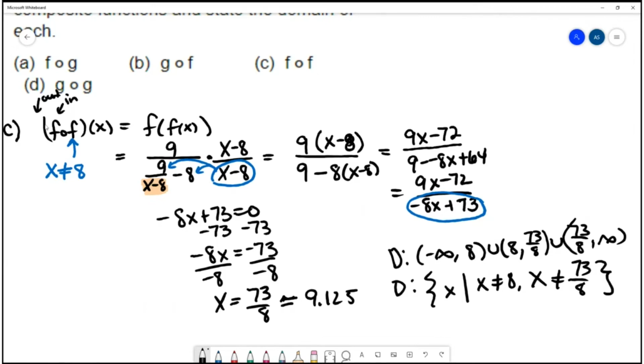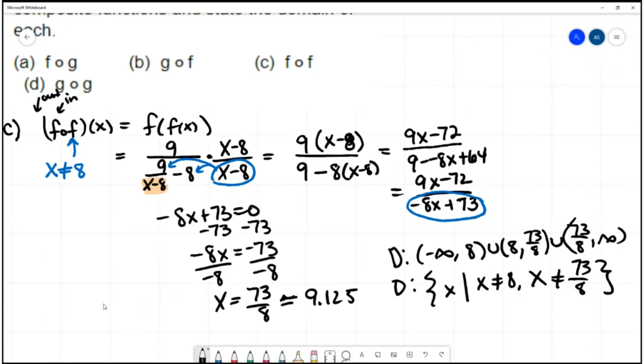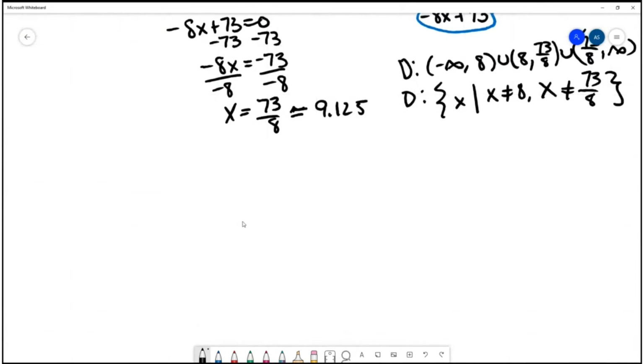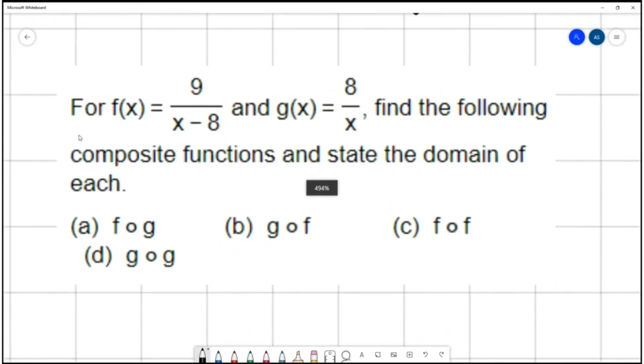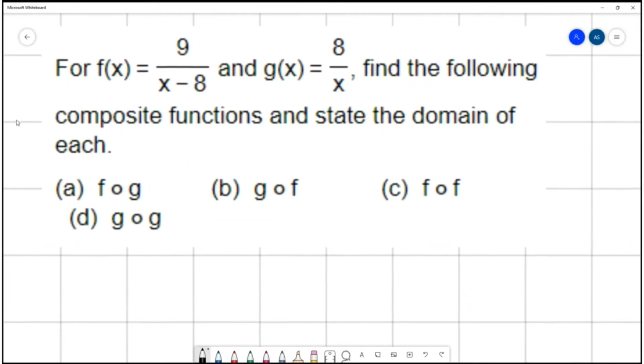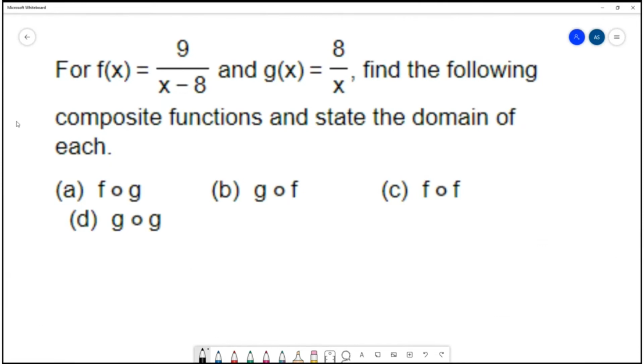Okay, we've got one more to go. Let's find g composed with g. So g composed with g of x is g of g of x.